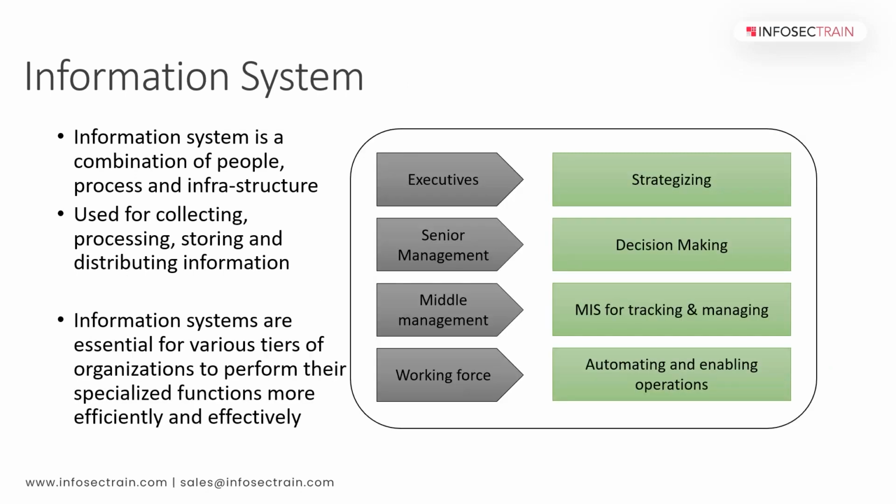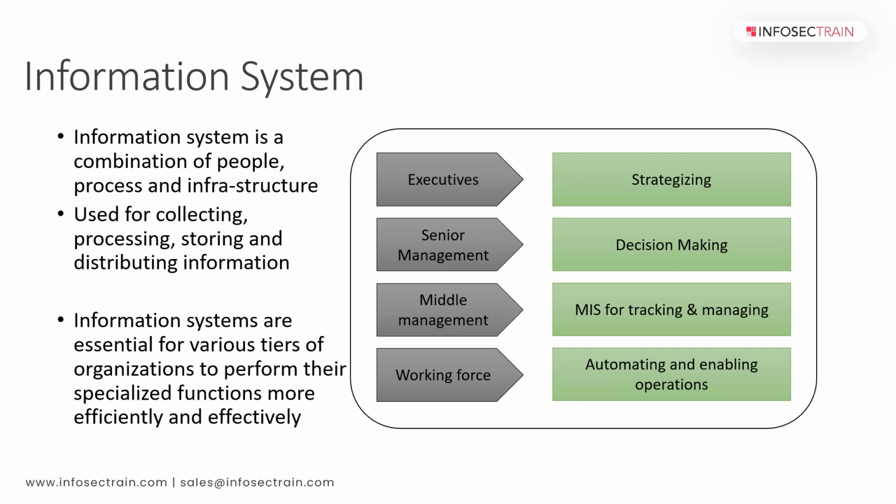Now, how is the information system going to be used? The information that we store is used in different contexts. In the same organization, the same information is viewed with different perceptions. For the working force, the information is only used for automating their activities and enabling certain operations they do on a daily basis.